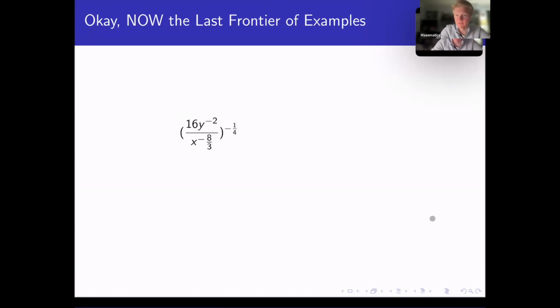One more. I don't know if it's actually the one more example, but we'll keep going, right? 16y to the negative 2 over x to the negative 8/3 raised to the negative 1/4. Well, everything on the inside is multiplied or divided together. Let's distribute that negative 1/4 power to everything. Fraction multiplication, fraction multiplication. Let's simplify those fractions.